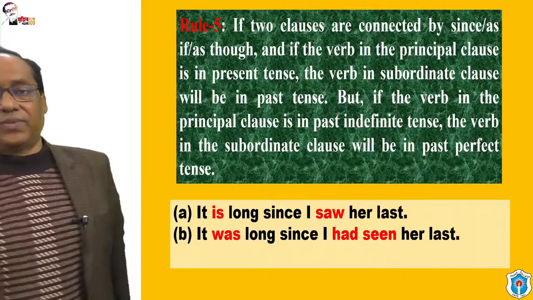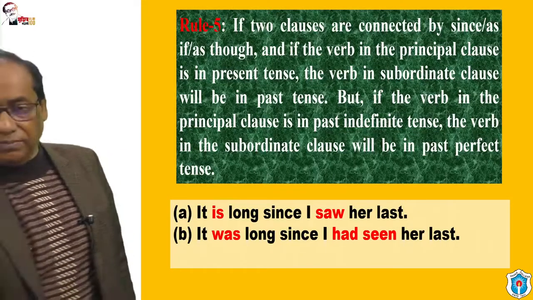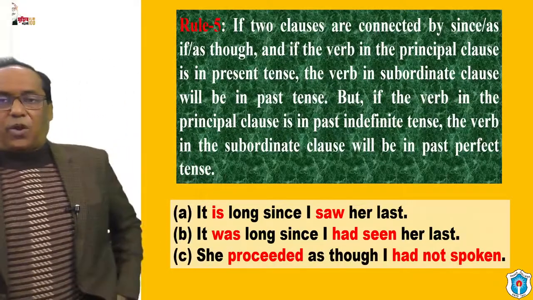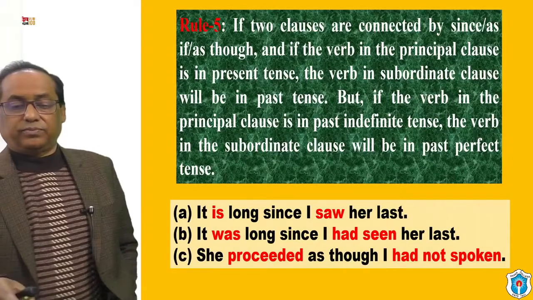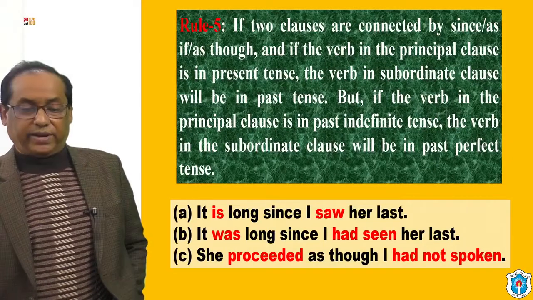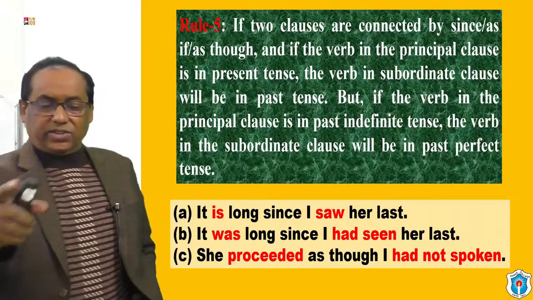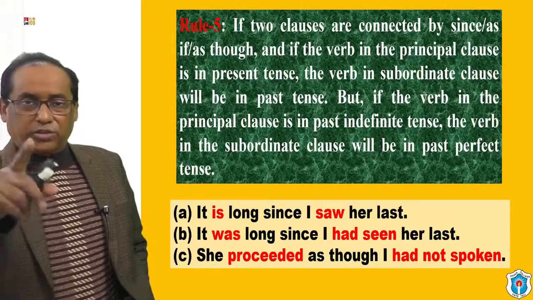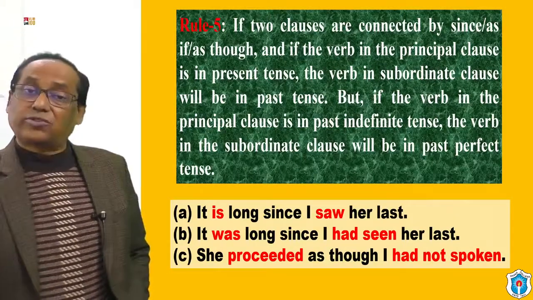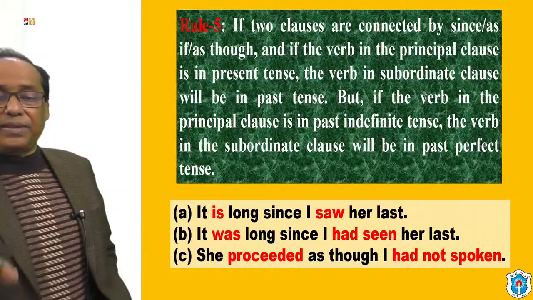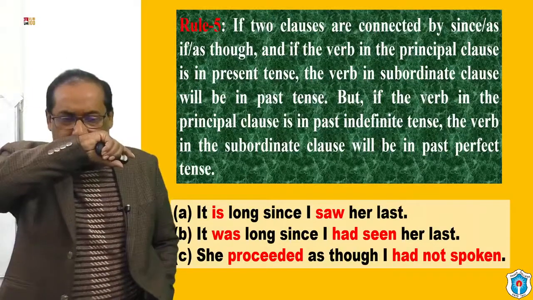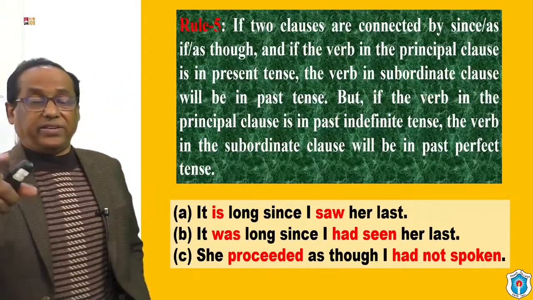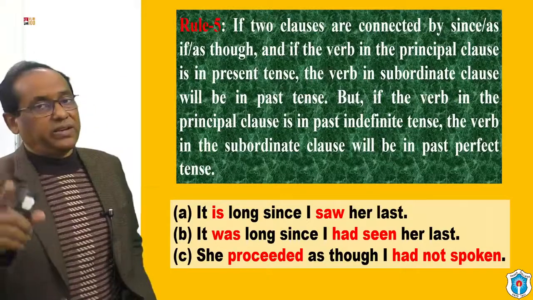That you can see in the second example. Another example, she proceeded as though I had not spoken. এখানে যে কনজাংশনটি ইউজ হয়েছে as though, আমি নিয়মে বলেছি দুই ক্লজের মধ্যে সিন্স থাকতে পারে, as if থাকতে পারে, as though থাকতে পারে। যেমন থার্ড এক্সাম্পলে আমি দেখাচ্ছি as though আছে। এর আগের যে ভার্বটি আছে প্রিন্সিপাল ক্লজের proceeded, it is in simple past or past indefinite tense.